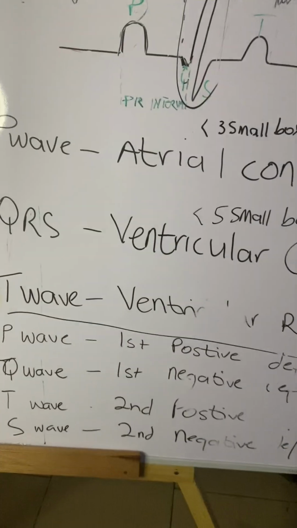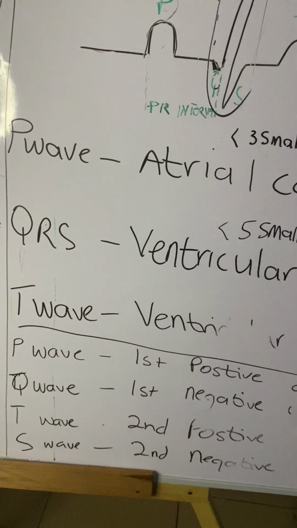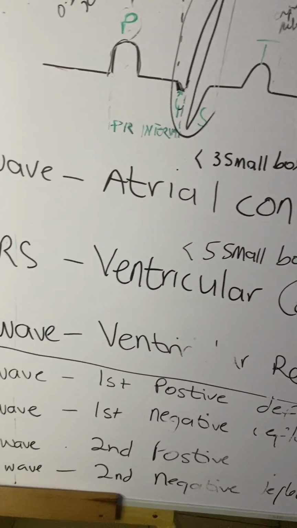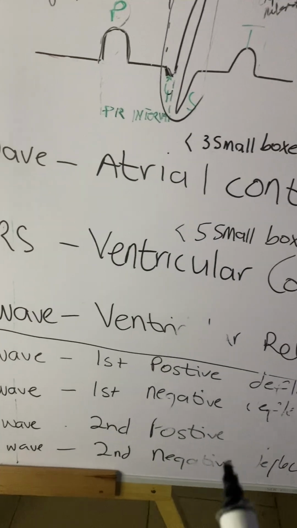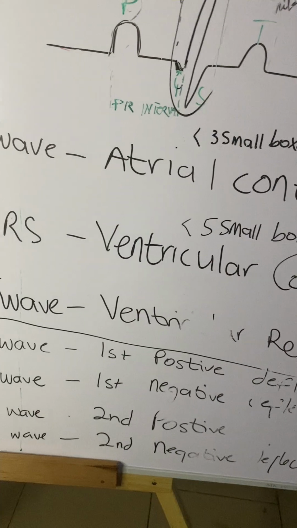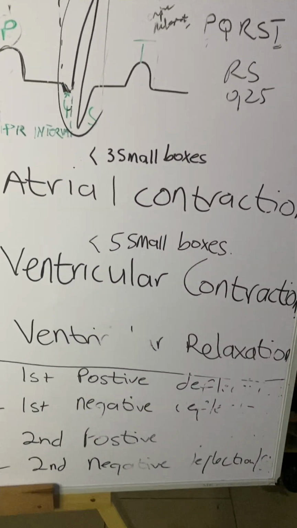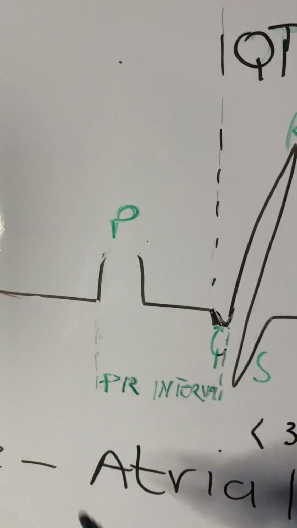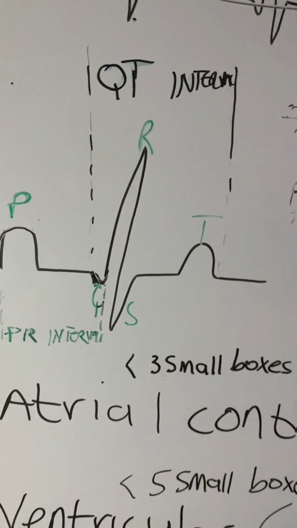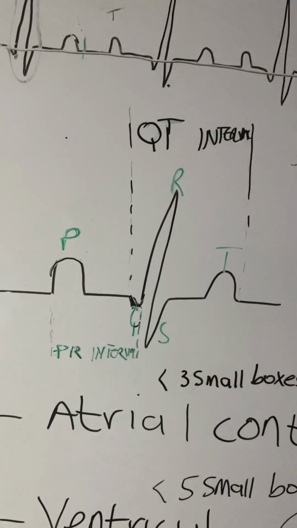We went ahead to look at the various definitions of our waves, and we said that the P wave is the first positive deflection, the Q wave is the first negative deflection, the R wave is the second positive deflection, and the S wave is the second negative deflection. You can agree with me that the P and the T are looking the same, aren't they?